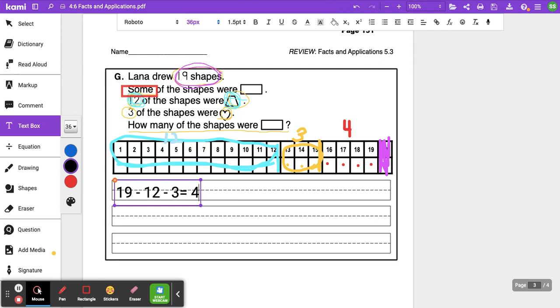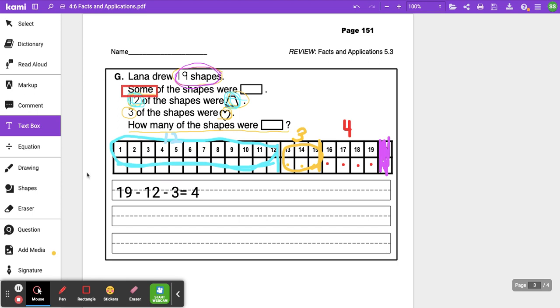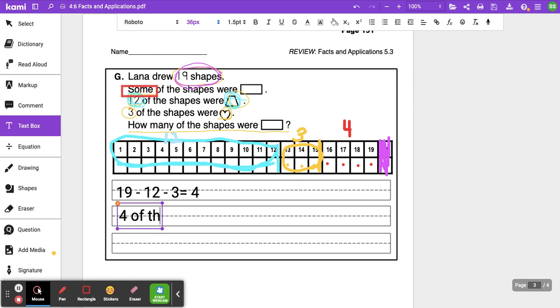We wrote our equation. Now we need to write our answer. How many of the shapes were rectangles? Good. 4 of the shapes were, and you can draw the shape if you want. I'm going to write the word rectangles. End it with a period.